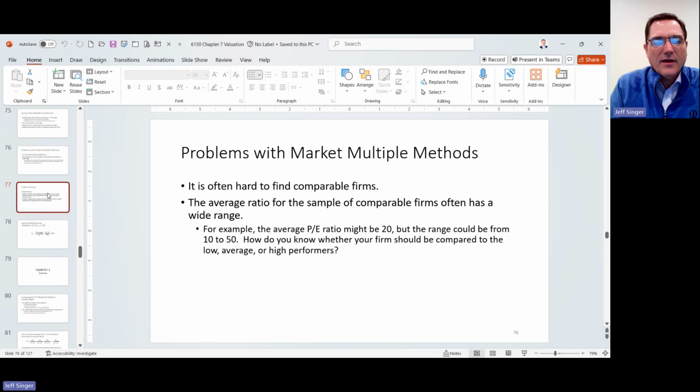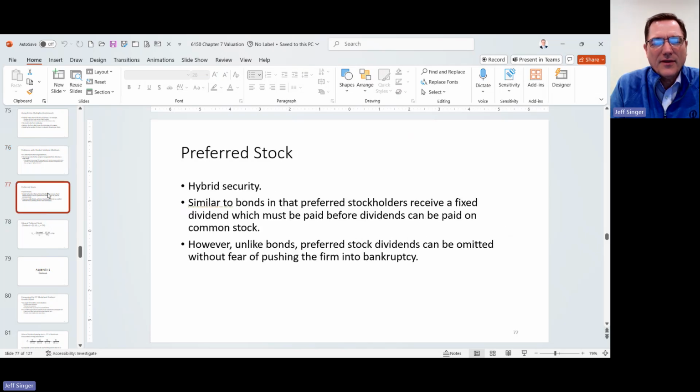So we've got that problem, and then we've got preferred. We've talked a little bit about that, but it's a hybrid. I think we've talked about this in class. It's similar to bonds, it's similar to stock, it's right in the middle. That's why they call it a hybrid security. And it's very popular in Utah with technology startup companies because it allows an investor to write terms when they invest in a company.